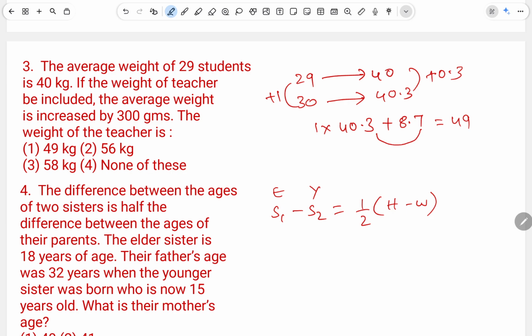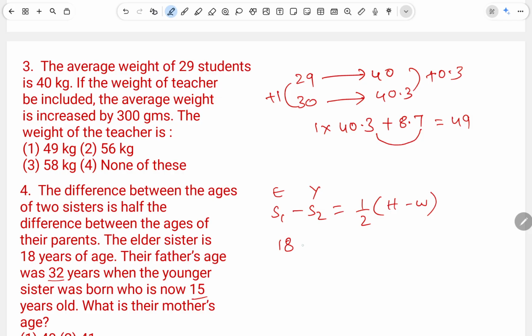Because in the Indian system, or any system, the husband's age will be more than the wife's age. The elder sister is 18 years. Their father's age was 32 years when the younger sister was born. So now she is 15, then the father's age will be 47. So 15 plus 32 is 47.